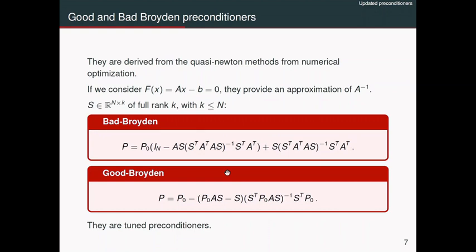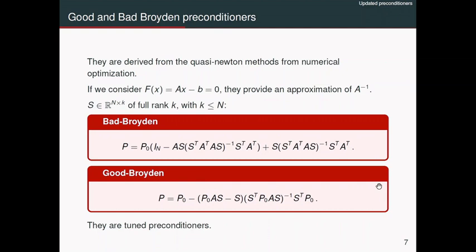If we consider the problem F like this, the numerical method approximates the inverse of the Jacobian, that in this case will be an approximation of the inverse of A. So if we select S of rank k, the Bad Broyden preconditioner is obtained like this, or if we apply the Good Broyden algorithm, we obtain that the preconditioner is obtained by this computation.